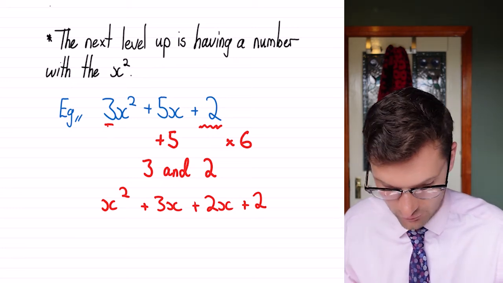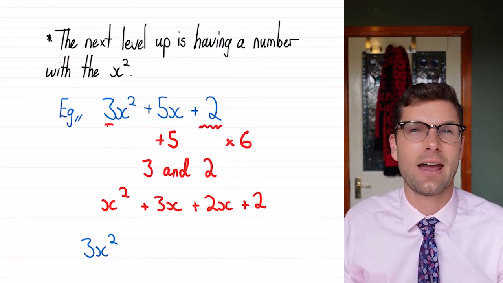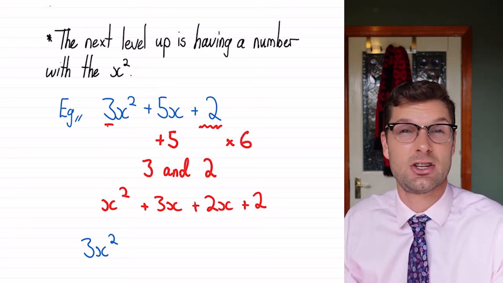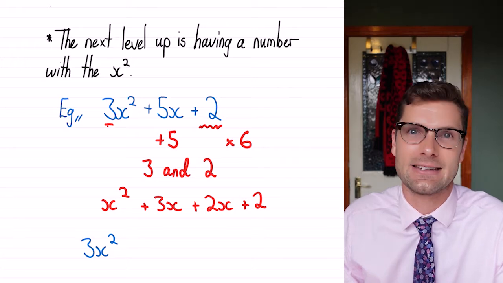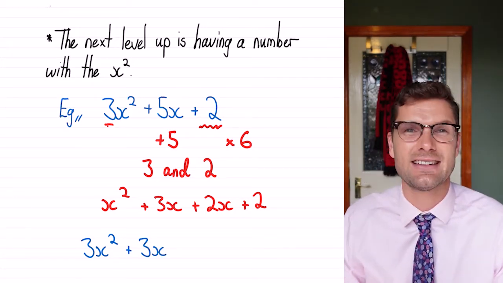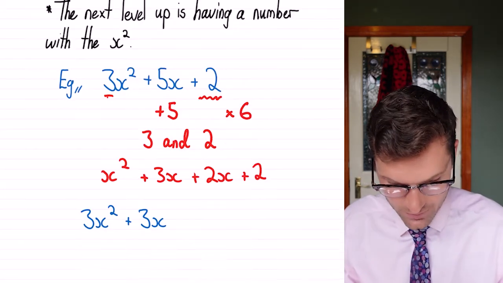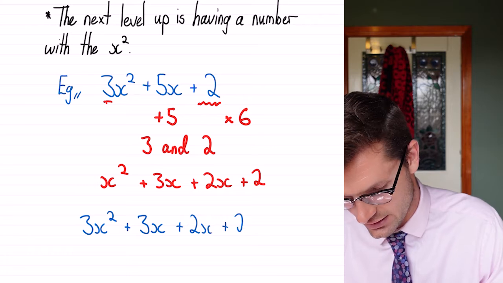So what you do have to write down is 3x squared. Okay? When we throw in that 3x and 2x, please try to put them in a pair that makes sense. So for this one, I think that the 3x makes more sense for our next factorization step. So this is 3x squared plus 3x plus 2x plus 2.